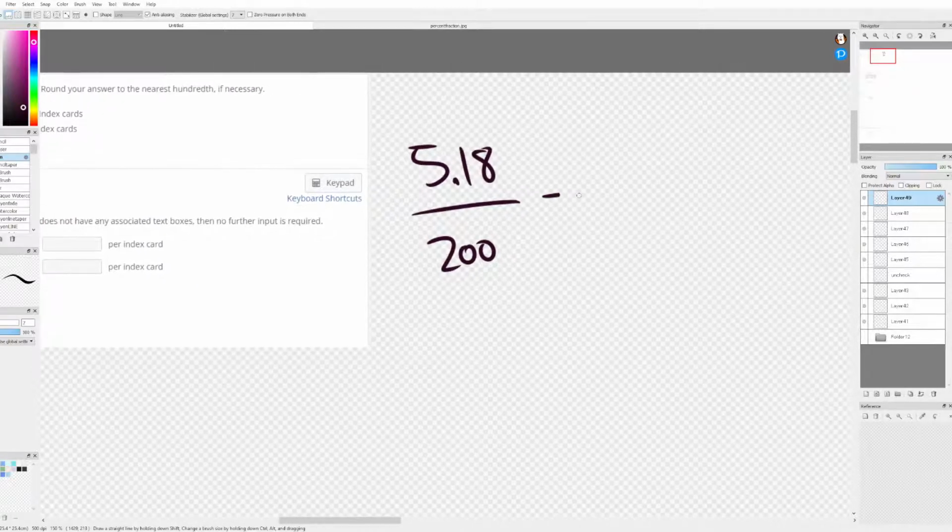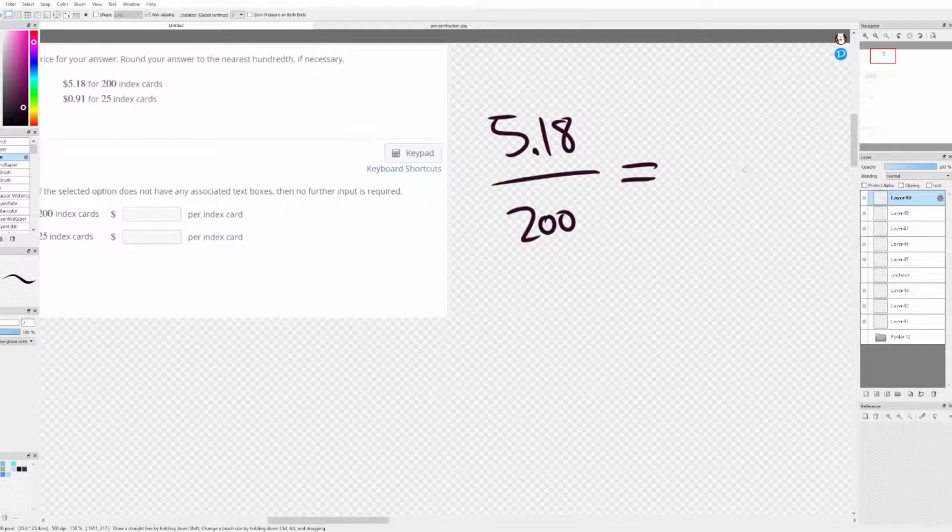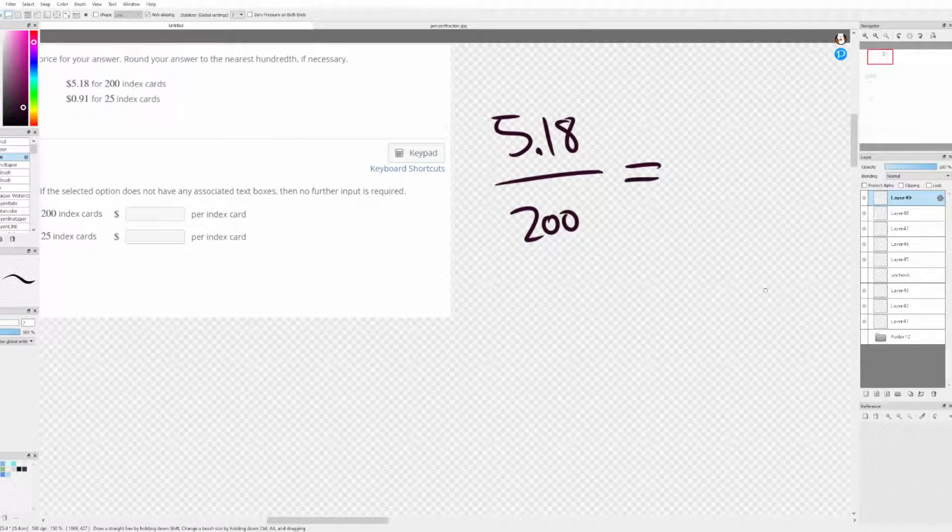And then this will give us the cost of one card. So $5.18 divided by 200 is 0.0259, which we can round up to 0.03, which is 3 cents per one card.